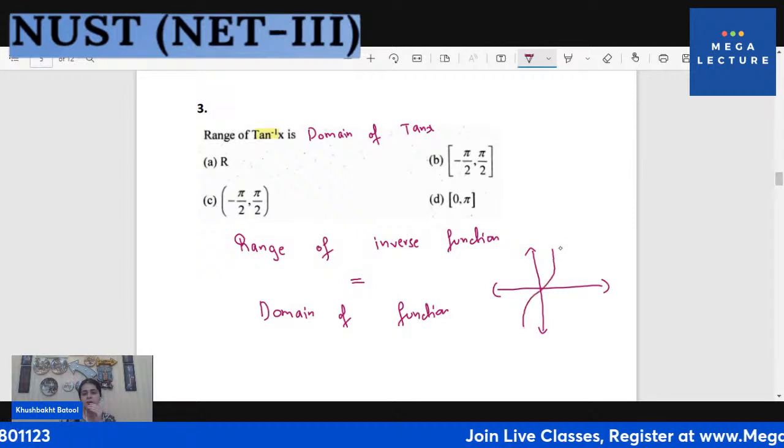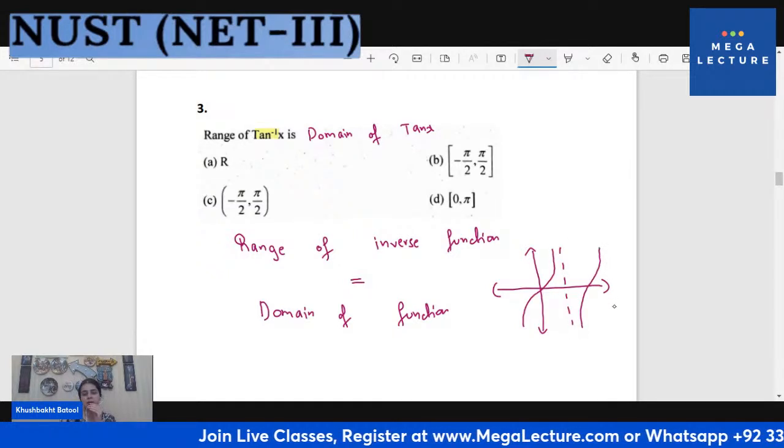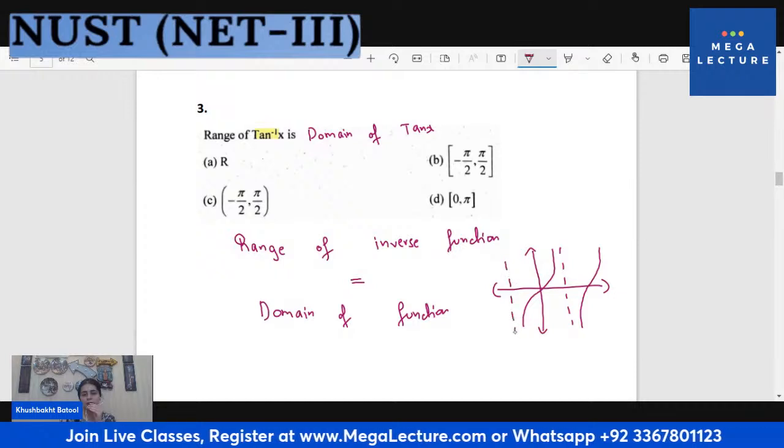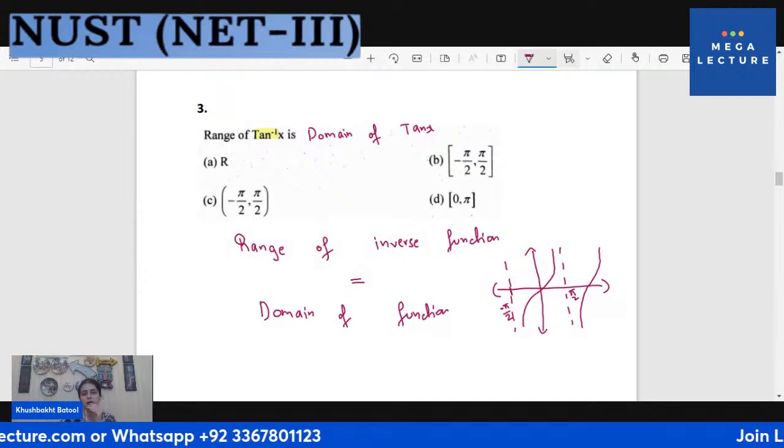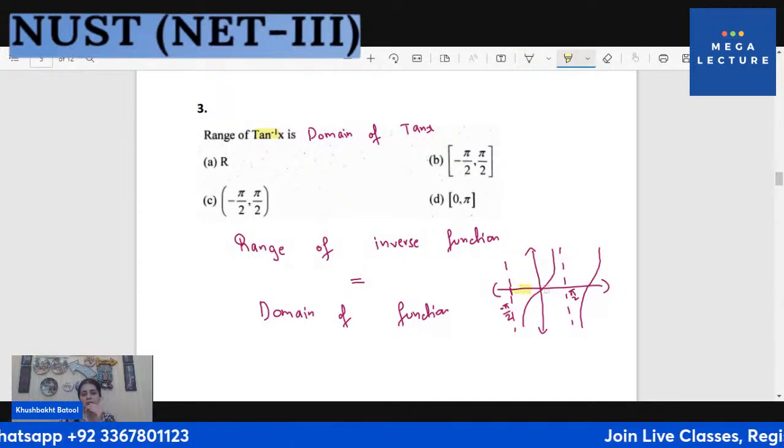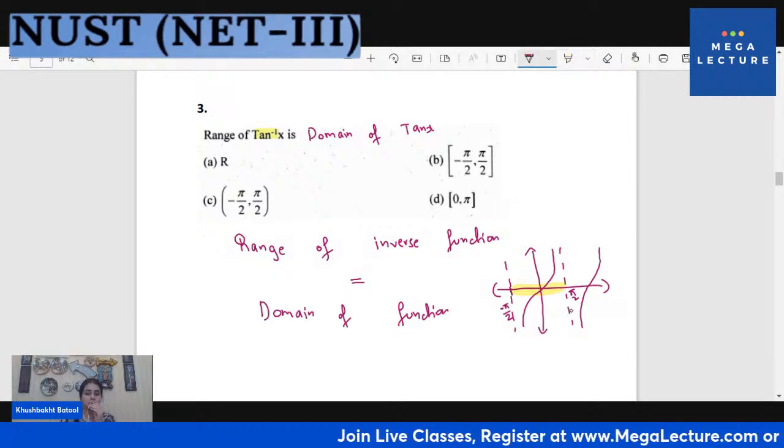And this is how it looks, and then we have a dotted line, and then again the same pattern, and then a dotted line, right? So this is minus pi by 2, and this is pi by 2. So I can think about this as a valid domain from minus pi by 2 to pi by 2.